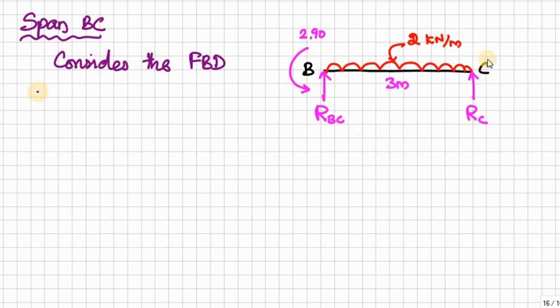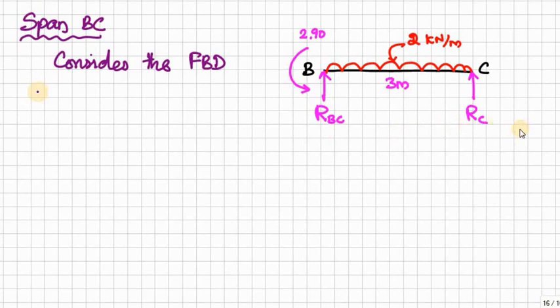At C we have 0 moment because this is simply supported or roller support, and we have the UDL. So this is again a determinate structure, which can be analyzed only by equilibrium equations, that is sigma m is equal to 0 and sigma v is equal to 0 to find out the values of RBC and RC.